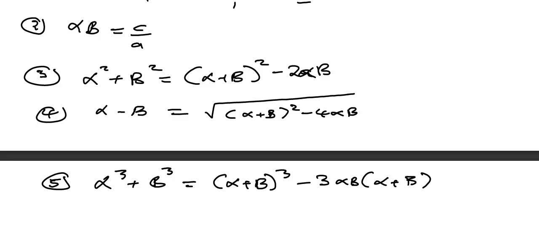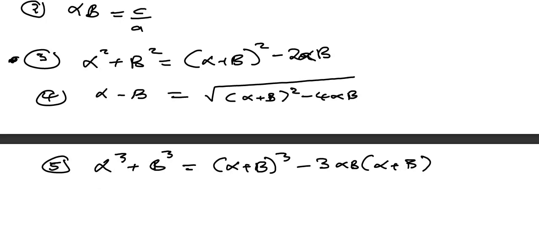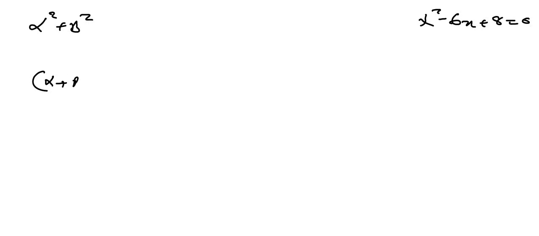Starting from equation number 3 going down, the way that you derive them, in case you forget, is this. If I ask you alpha squared plus beta squared, you look at the exponent given here, it is 2 throughout. So you're going to get alpha plus beta, put a 2 there, and expand this expression. You're going to get alpha squared plus 2 alpha beta, then plus beta squared.